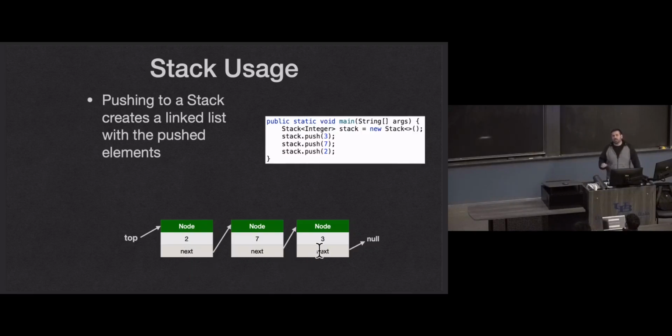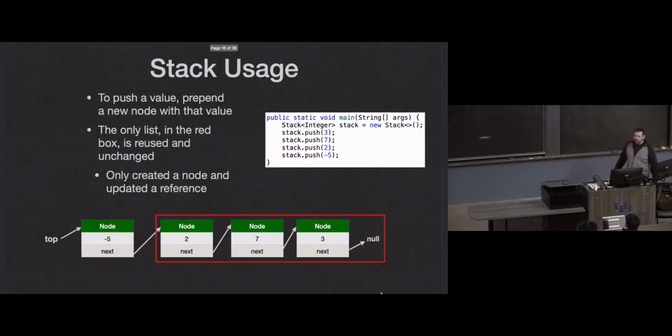If we were doing the full memory diagram, these would be 3 objects in the heap, all with their own reference numbers. And then top would store a reference to this node. Then each next is a reference to the next node until the last one. Next is null. When we push a 4th element in this example, we're going to do the same thing. We're going to prepend a new node with the value -5, and next referring to the old head of the linked list. And then update top to be a reference to that.